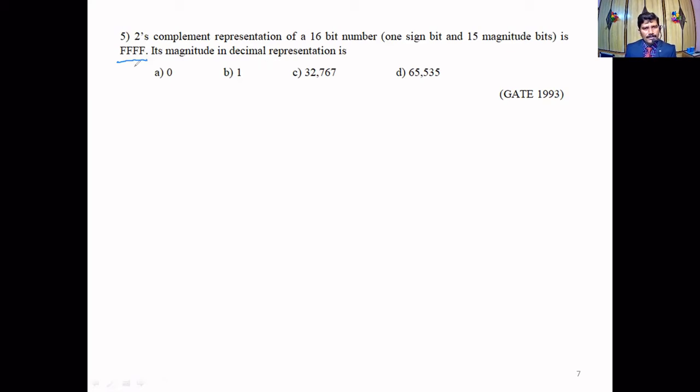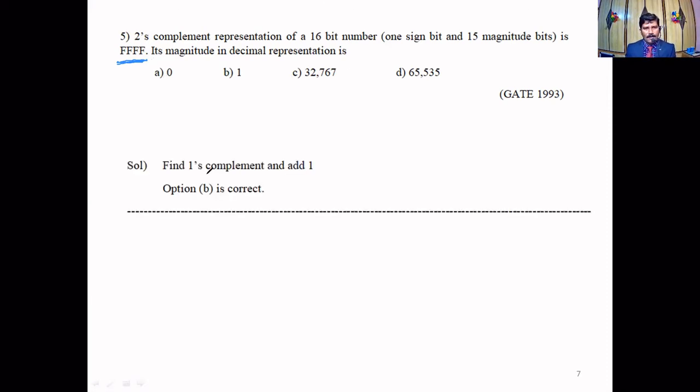So how do we do it? This is a 2's complement number. If you want the decimal equivalent, find the 2's complement back. Check it out. How to find the 2's complement back? Find the 1's complement and add 1. Let us take this one and see how much we will get.